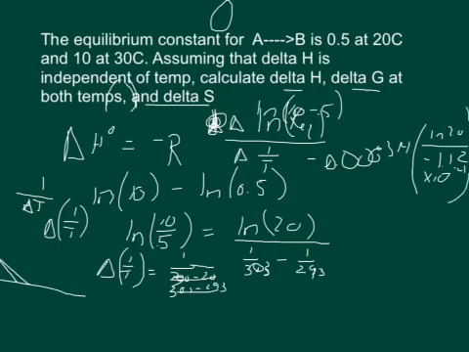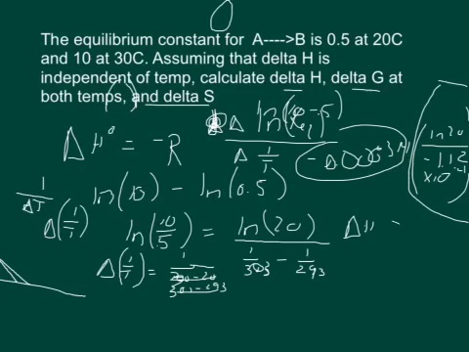When you multiply out, you have a negative number here and a negative number there, so you end up with a positive. The delta H is positive, approximately 221.11. And if we're assuming that it's temperature independent, then it's not going to change when we go from 20 degrees to 30 degrees or back and forth.